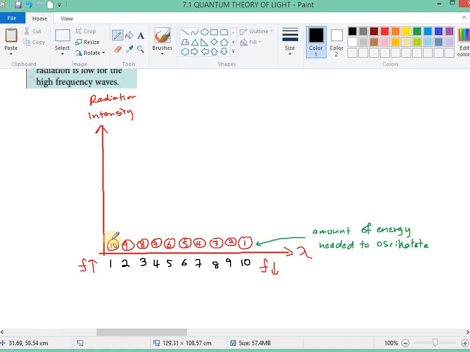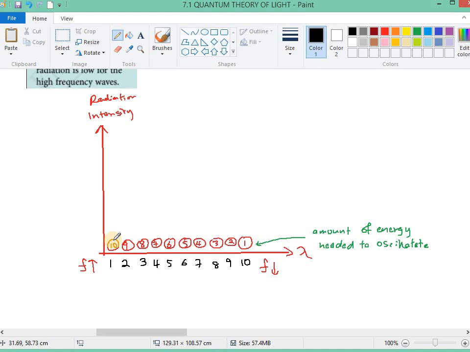If the particle gets 10 joule, then it will be able to emit 10 joule of energy, right or not? It absorbs 10 joule, so it can oscillate and emit 10 joule.